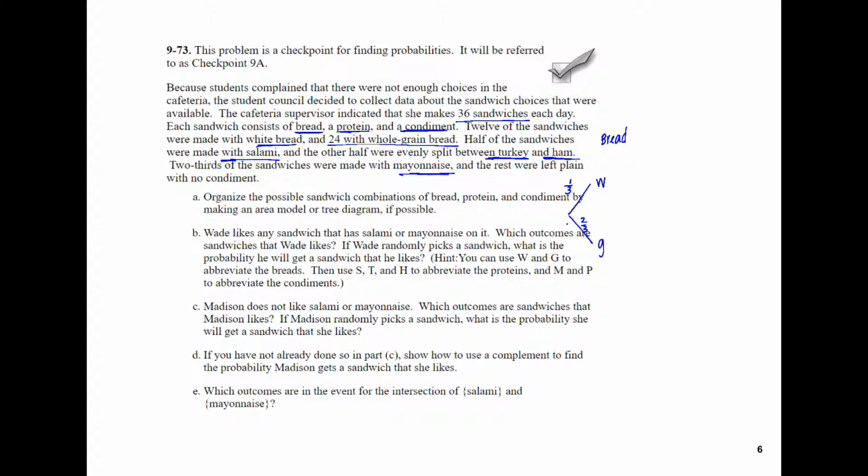We then know our choices for protein were salami, turkey, and ham. And then we know that they were either plain or had mayo on them.